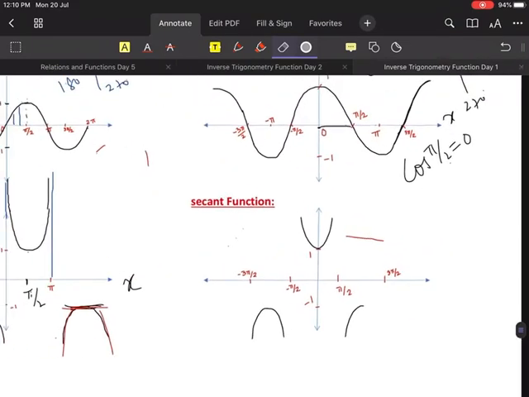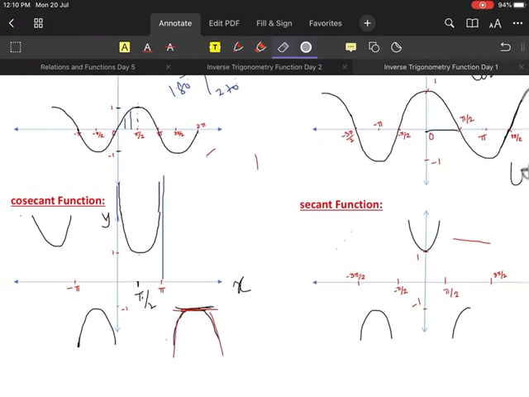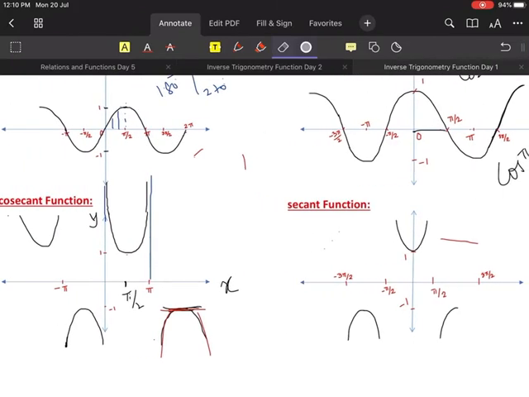Now let's move on to the sec curve. Actually the sec curve and cosec curve will be similar. It's the same theory, whatever we apply in here. Look at the cos one. Cos is like this, right? Sec will be just like the opposite. You see, here it's a hat. Here it's directed downwards, like an umbrella.